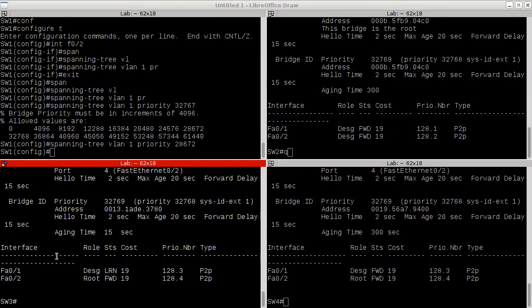Okay, so changing that did reset it, but since I lowered its priority, it should still be the... Okay, lowering that priority made that the root bridge.